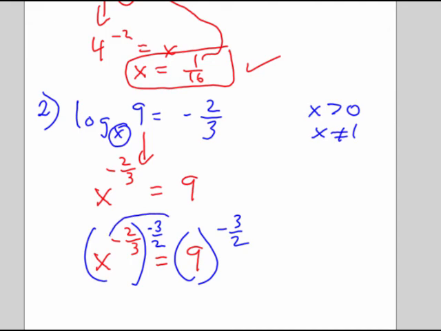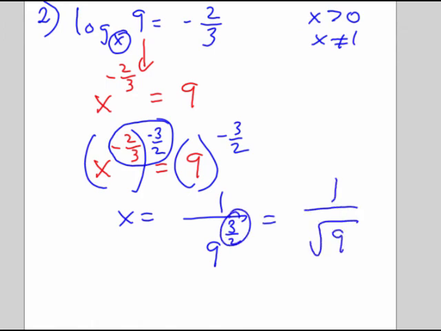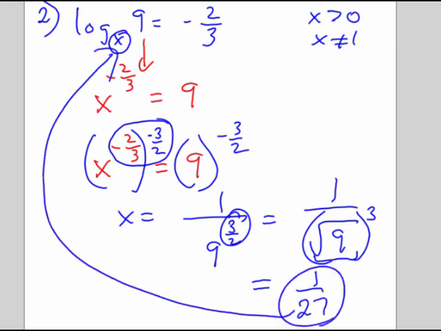Because when I multiply exponents I get x to the 1. And here I'm going to get 1/9 to the 3/2, which is 1 over, remember this is the square root of 9 cubed. This is 3 to the 3rd, 27. It meets these conditions, so this is my answer.